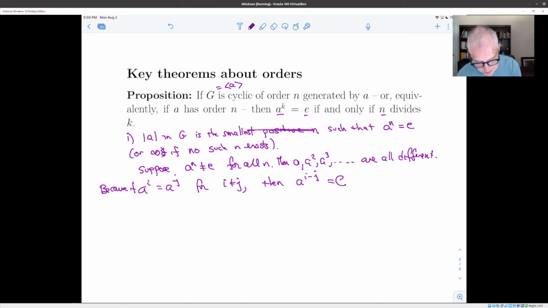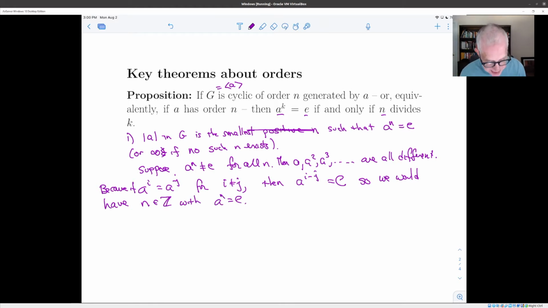We could multiply both sides of this equation by A to the minus j, and we would get A to the i minus j equals the identity, and therefore we would have an n in Z with A to the n equal to the identity.